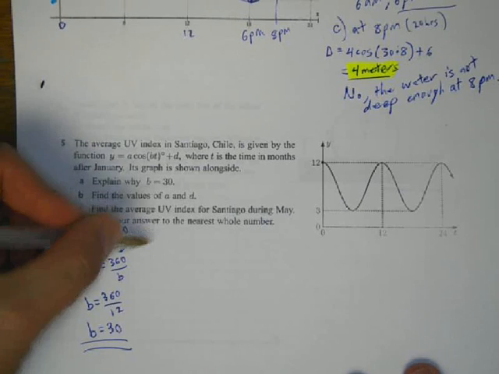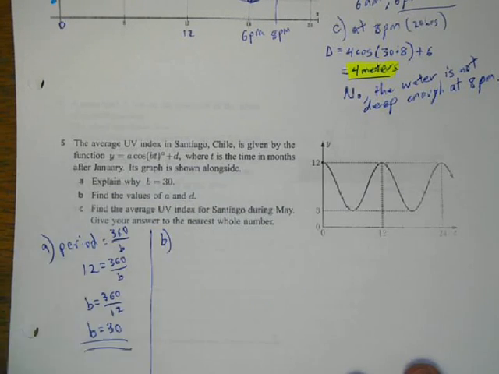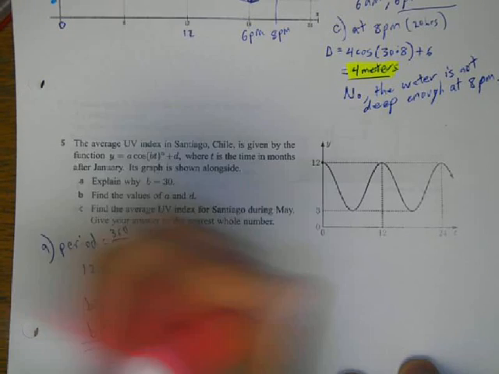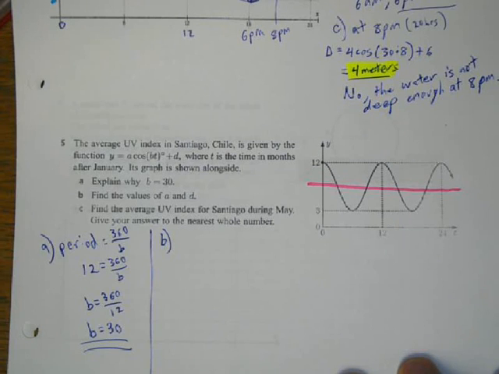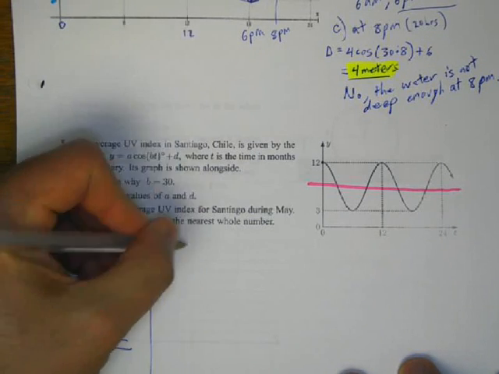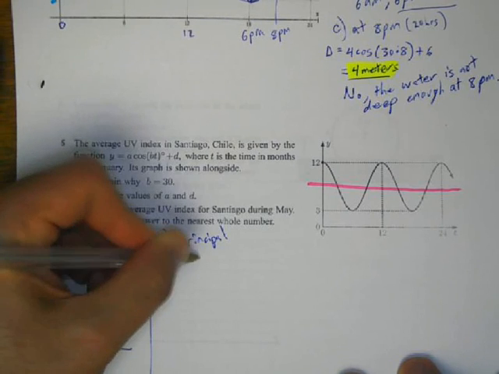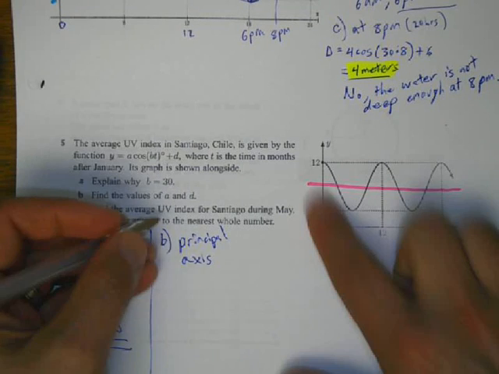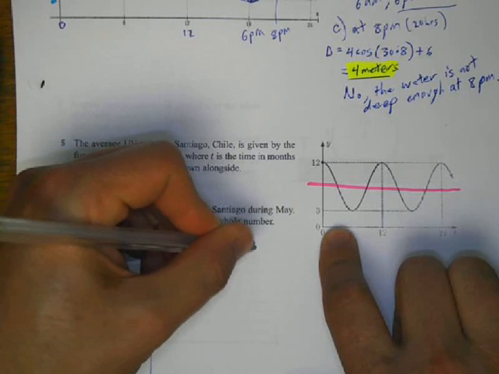Okay, and question A says show that b is equal to 30. Okay, question B, find the values of a and d. So we've got a principal axis through there, and we said that the principal axis is the maximum plus the minimum divided by 2, so 12 plus 3 divided by 2.